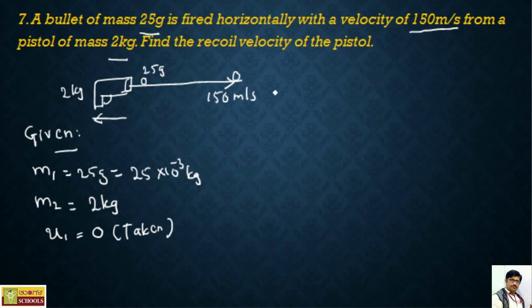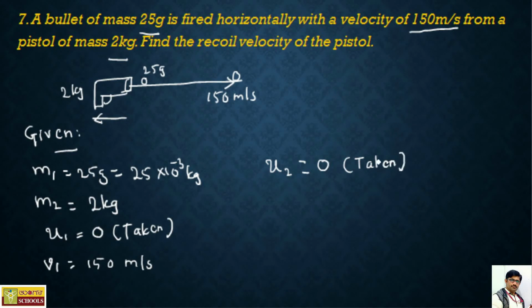Similarly, the final velocity is already mentioned, the velocity at which the bullet is fired, 150 meter per second. Therefore I can write v1, the final velocity, as 150 meter per second. The next is the initial velocity of the pistol, which is taken as yet again 0, because before firing the pistol is also at rest. That is again taken from our understanding.